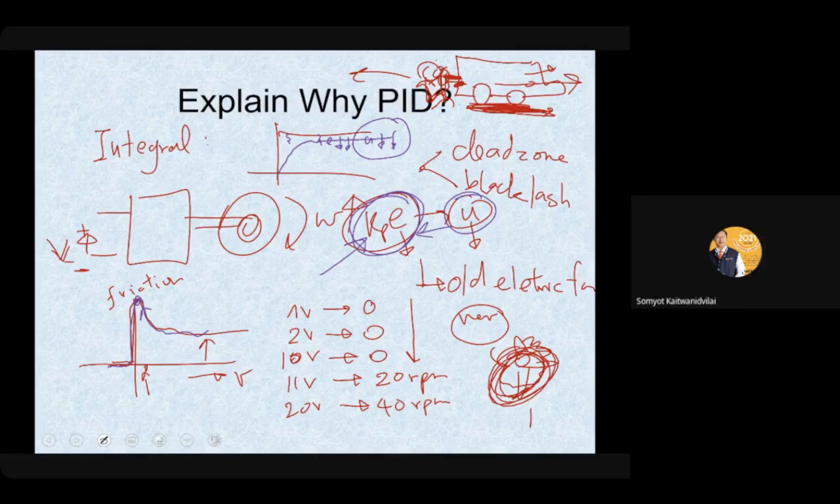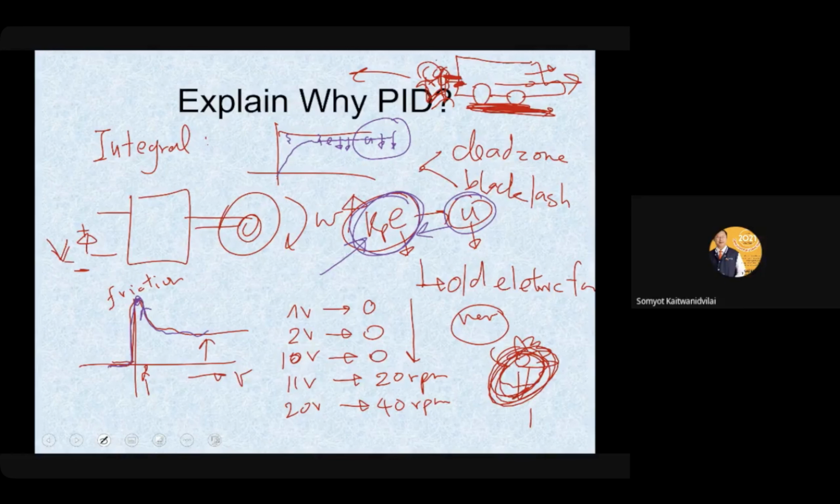That's why the integral is very, very important to deal with these friction phenomena that occur in many mechanical systems. So you can see many mechanical systems use PI control, but many electrical systems use only PD. I will show you why PD next.